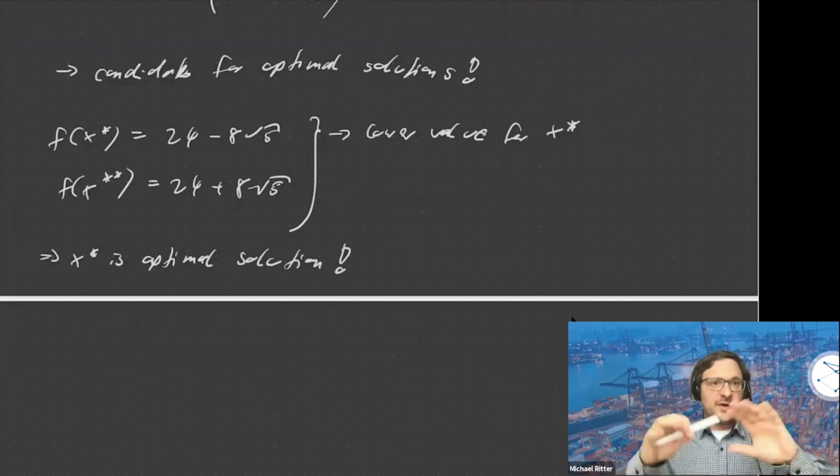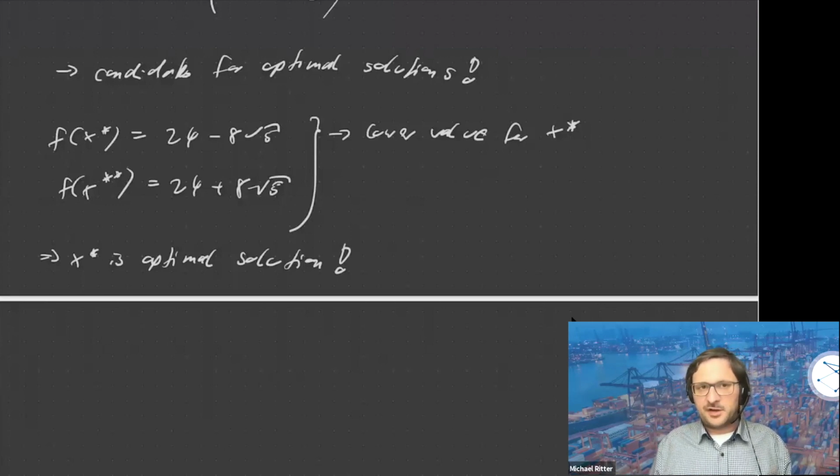And we can restrict all of this to a compact set, so bounded and closed. For example, by just taking a box of, I don't know, let's say size 10 or something like that. The minimum is sure to be somewhere in there. And over that, it needs to assume a minimum, of course, and it can only be greater outside of the box. Okay, so there is actually an optimal solution, and that means x star must be the optimal solution.